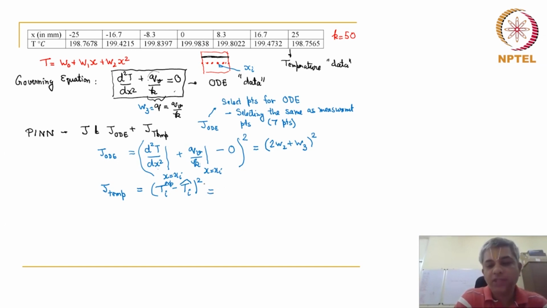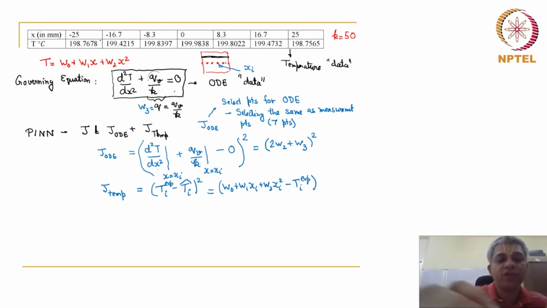So I am just going to flip the order because it's easier that way. I am going to write Ti hat first. So this is going to be w0 plus w1 xi plus w2 xi square, minus the experimental temperature measurement, these values here, squared. So these two have to be summed up.